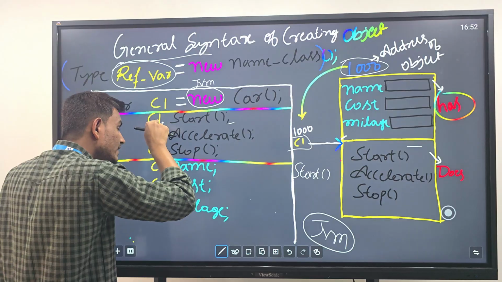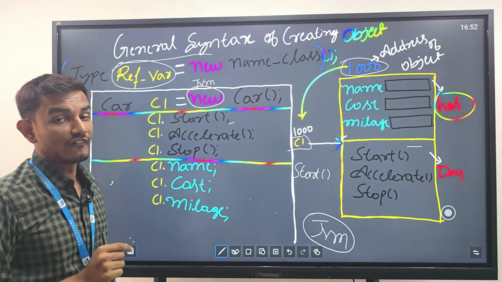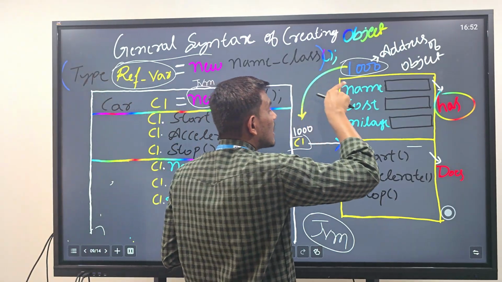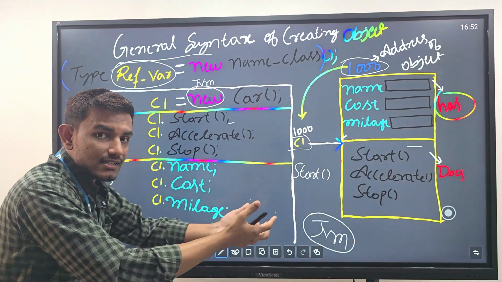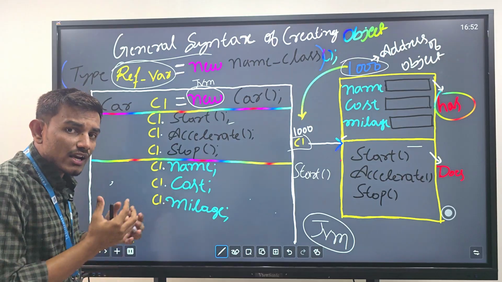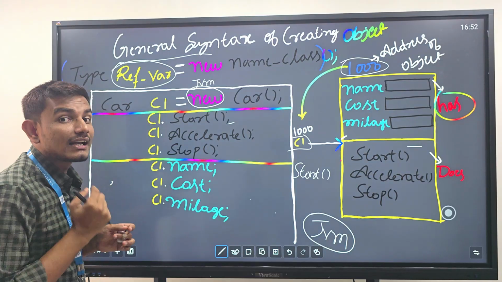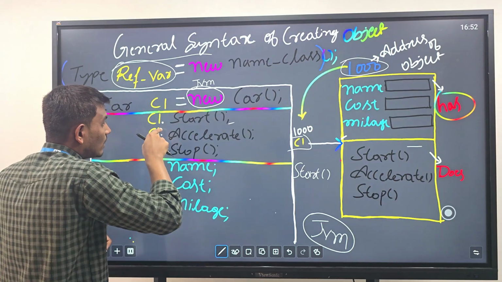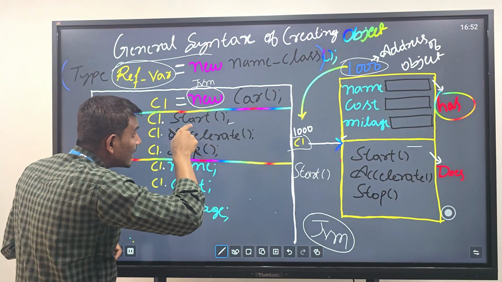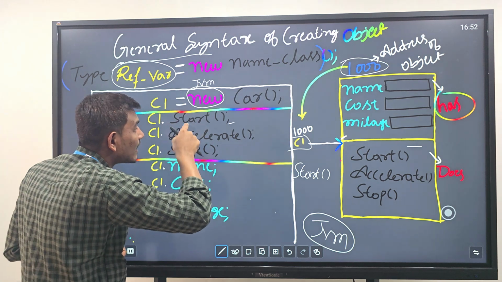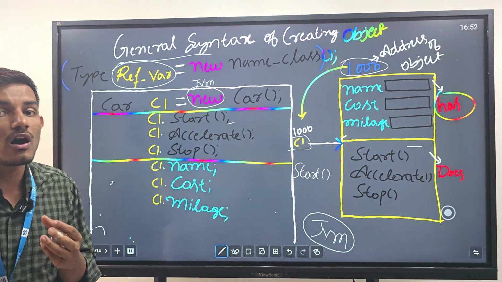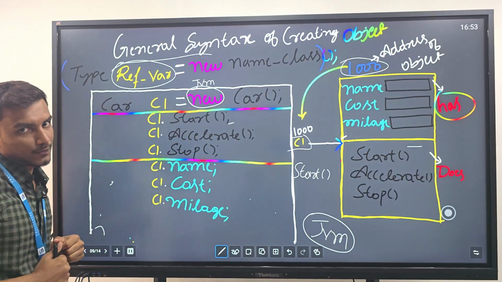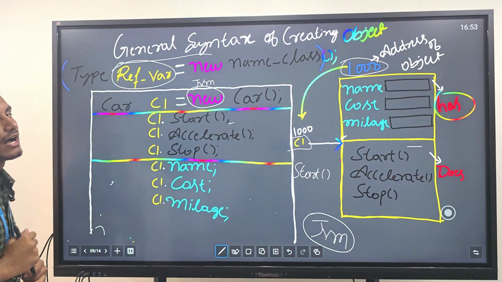If I specify this dot operator, it helps me go inside the object. After going inside the object, where do I want to go, the has part or the does part? That is what I said right now. C1 dot, going inside the object. Inside the object, I said start. What do you mean by this? Guys, calling the method by specifying the name of the method. This is how we are calling the method.